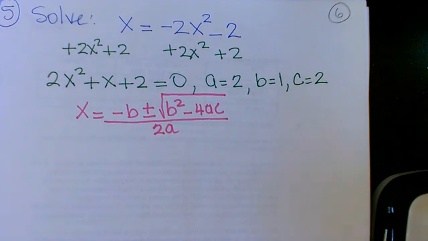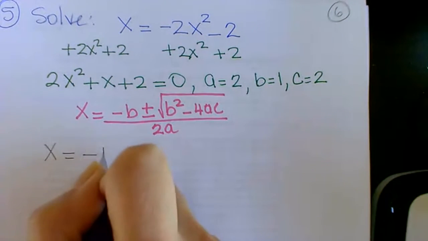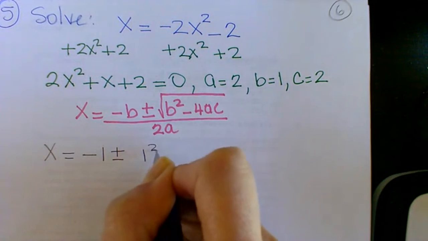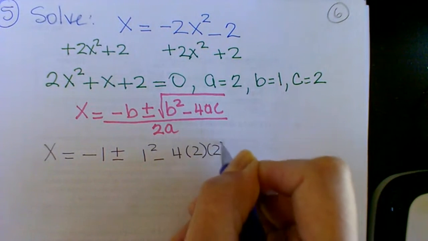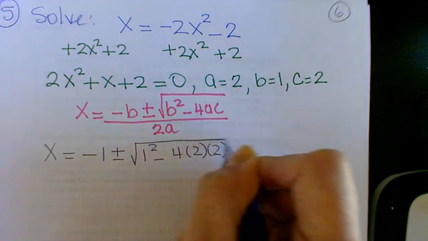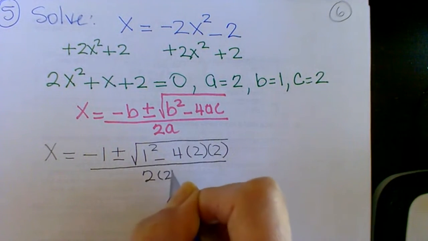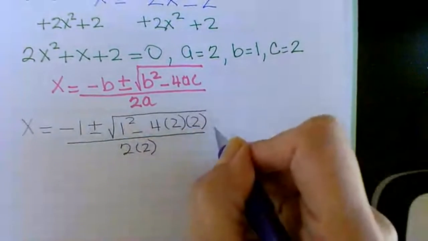So let's do it. So we have x equals -b plus or minus the square root of b squared minus 4ac. Right? So what do we get there?